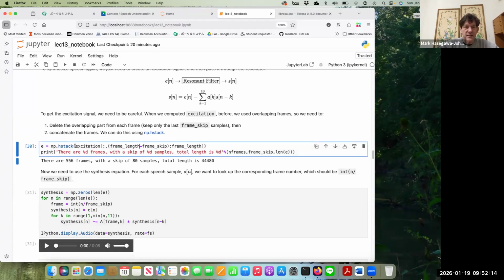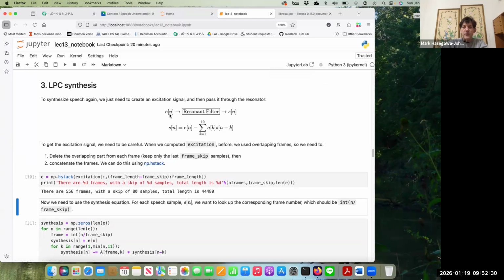So if I take that excitation signal, I can find out how many frames there are and how many samples in each frame. There are 556 frames, and the skip between frames is 80 samples. Each frame is 200 samples long. In order to reconstruct E of n, I started out with overlapping frames. Remember? These frames were overlapping.